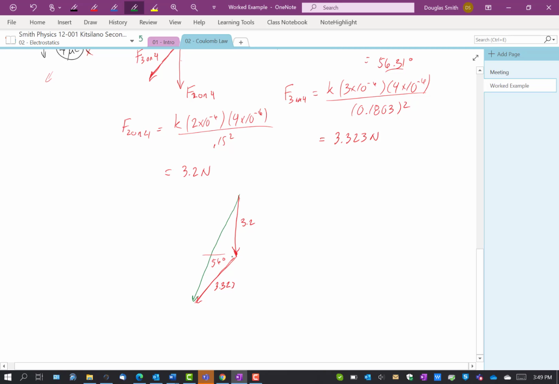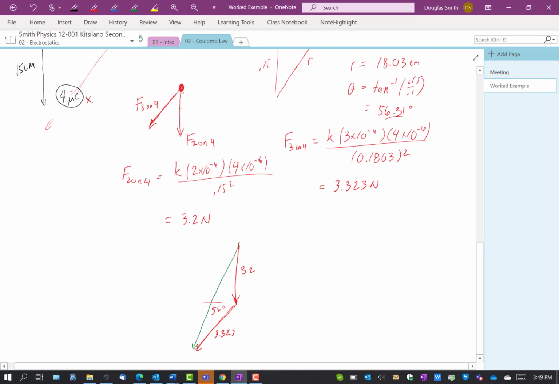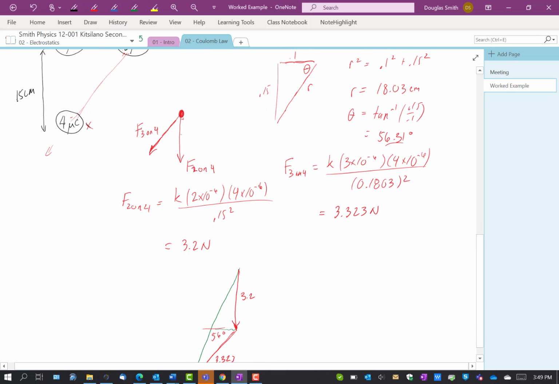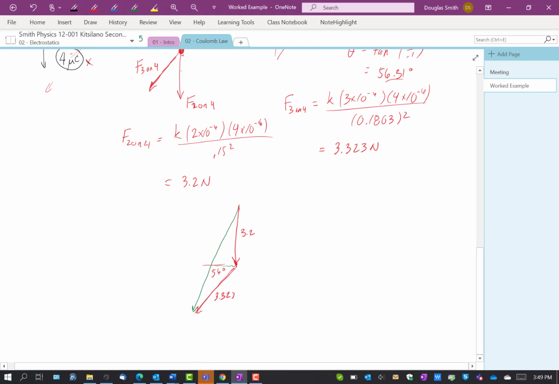Do I know any other angles? I'm just wondering if I could use the sine law. Yeah, if that's 56, then... I don't know. I'm drawing a blank right now, so I'm just going to use components.